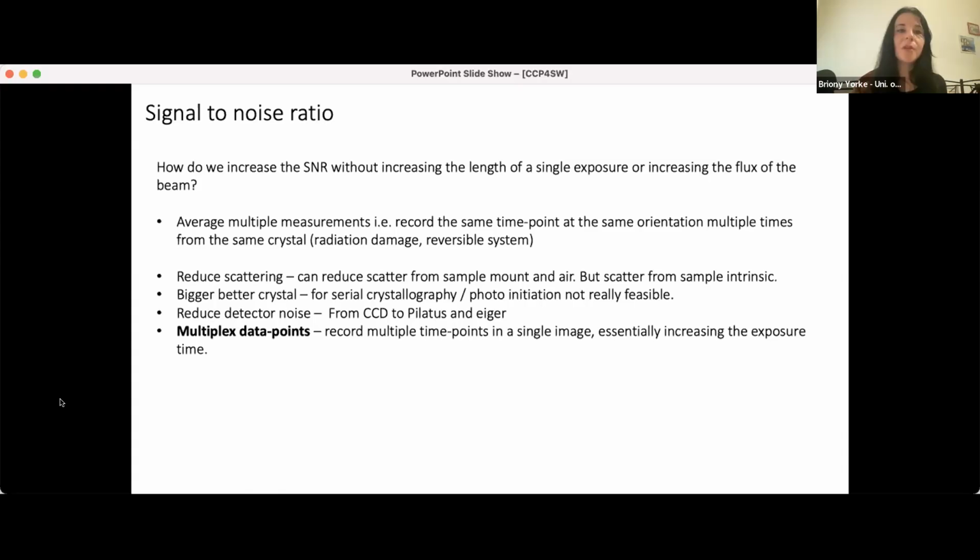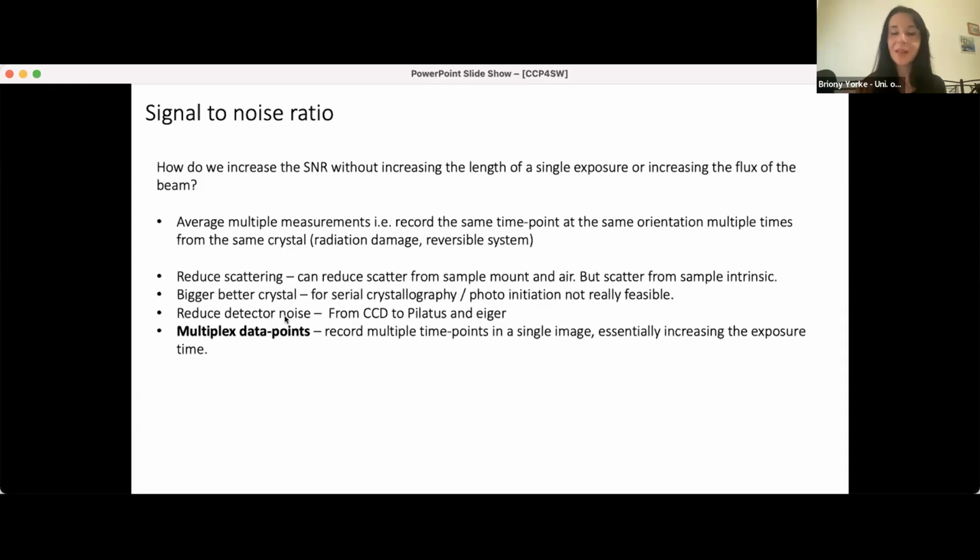We can try to focus on the noise, we can try to reduce scattering, we can try to use bigger crystals, but the problem here is the bigger the crystal, the slower the initiation by diffusion, or even worse, we have the laser penetration depth. If the laser is absorbed by the crystal at some point, there's not going to be any laser left inside the crystal in order to probe the system, pump the system. So microcrystals here are actually best.